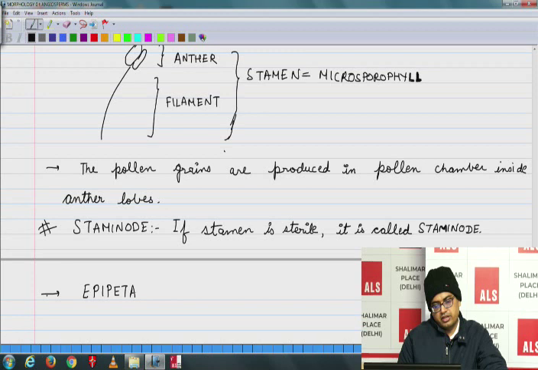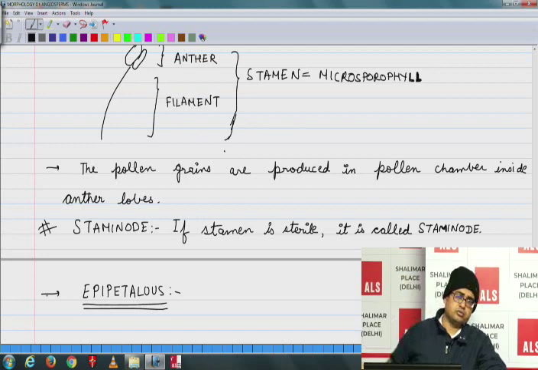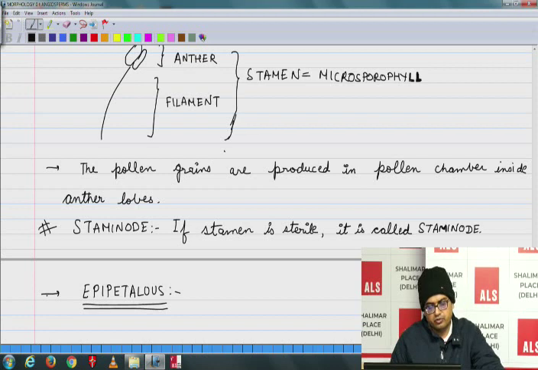If we are not mentioning any term, then that means the petal is not attached to the stamen. The stamen is normally present on the thalamus only. But if the epipetalous condition is given, what is the epipetalous condition?